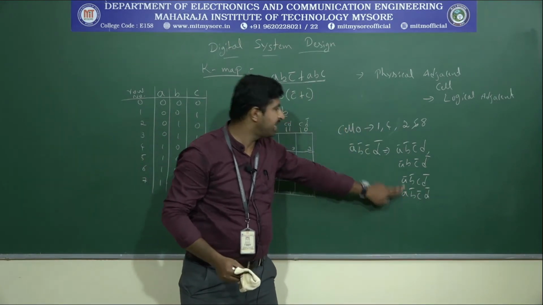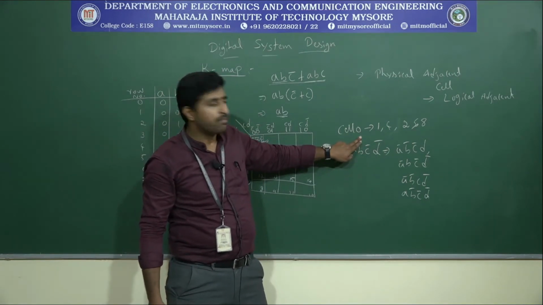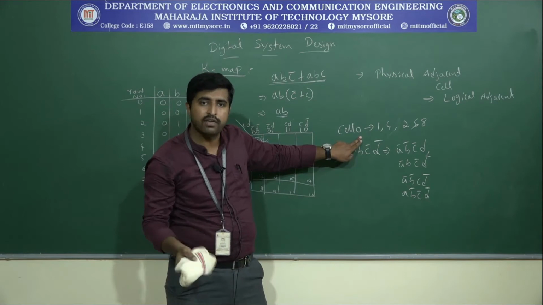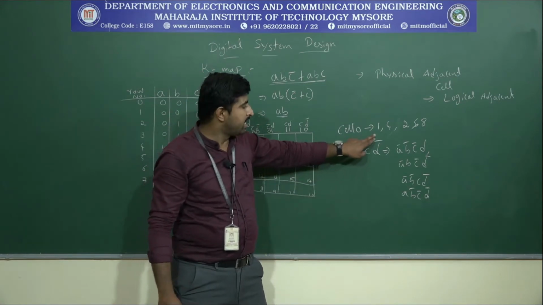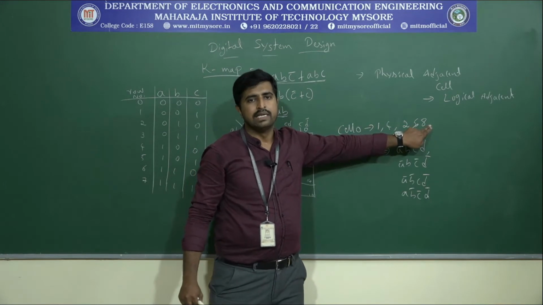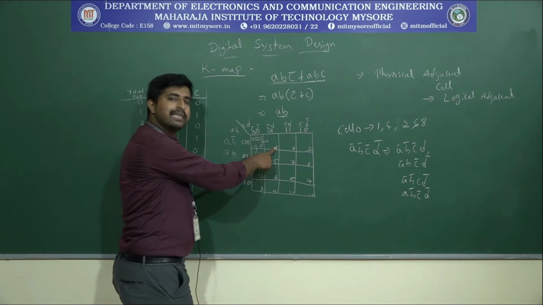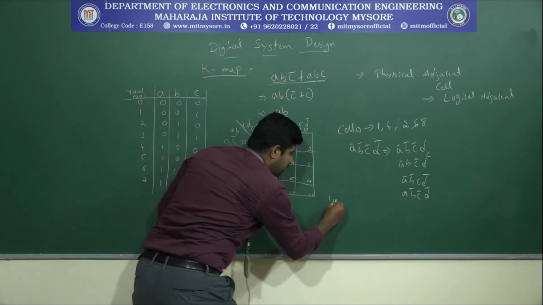So that's why we can say cell number 0 will be adjacent, physically adjacent, because logically adjacent is there. That's why it is physically adjacent to cell numbers 1, 4, 2 and 8.